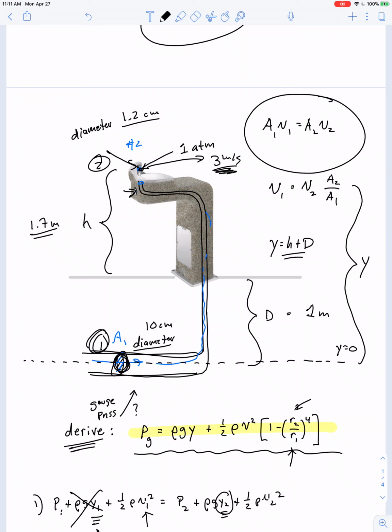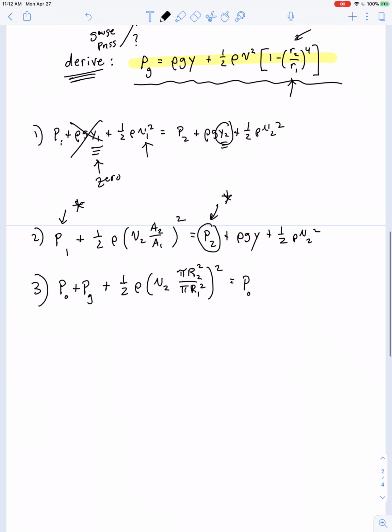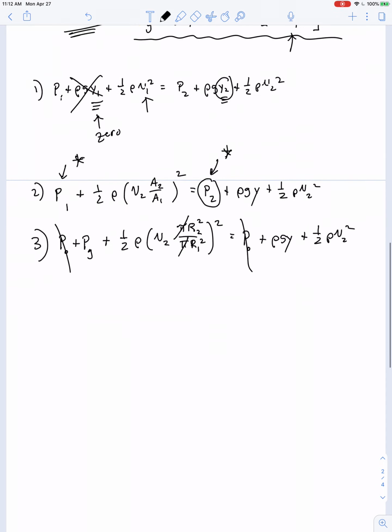There's no additional gauge pressure because, once again, when you push on the button, it opens up a valve, and the pressure absolute at point 2 is just 1 atmosphere. Okay, plus rho gy plus 1/2 rho v2 squared. We can cancel out pi, and then atmospheric pressure shows up on both sides of the equation, so we can cancel that.